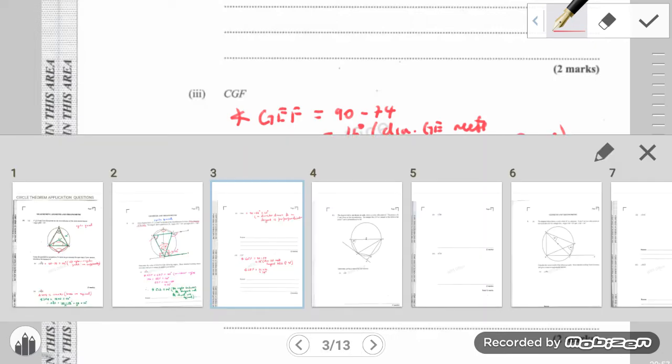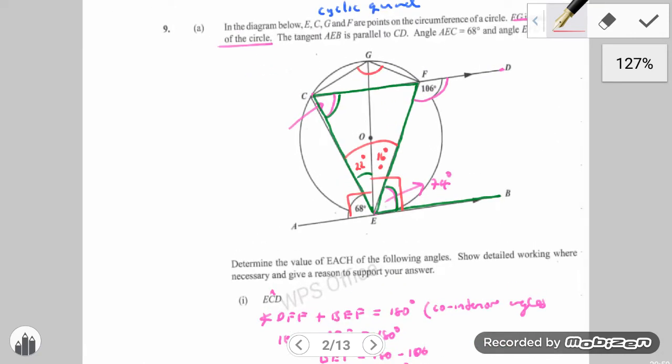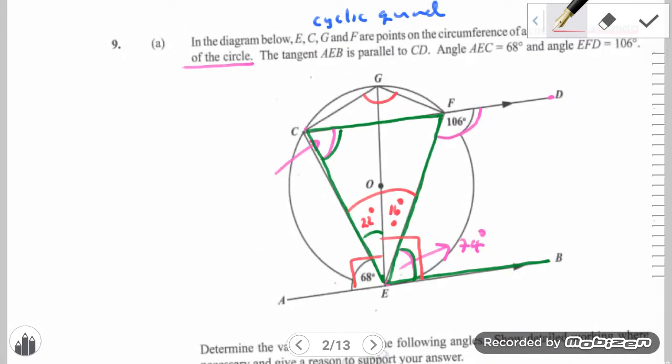But then what's going to take us now to the main angle? Why did we do all that just to find the angle CGF? Well, if you look carefully, the angle CGF is opposite to the angle CEF, because they are facing each other. It's the angle at the top and the angle at the bottom here. They are facing each other in the cyclic quad, and the cyclic quad is CGFE.